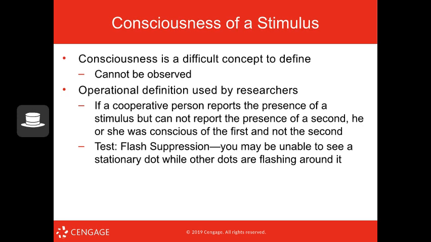So let's say I'm giving a lecture and I talk about one topic and you're able to tell me what I just talked about. Now, during the second one, I talk about a different topic and you're not able to tell me what just happened. Then you were not conscious for that second thing.